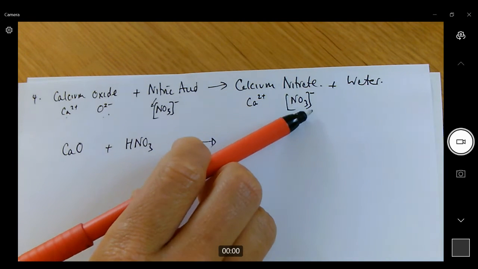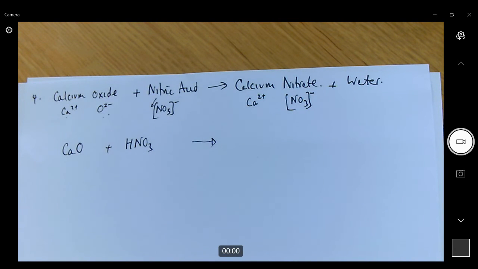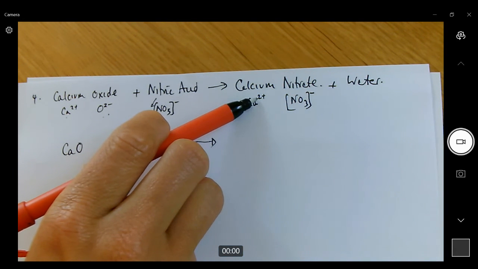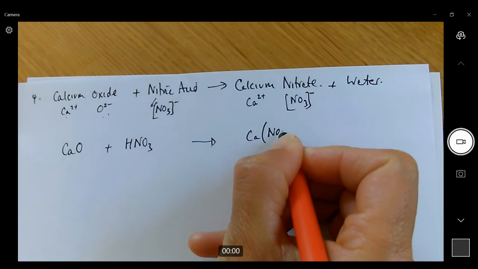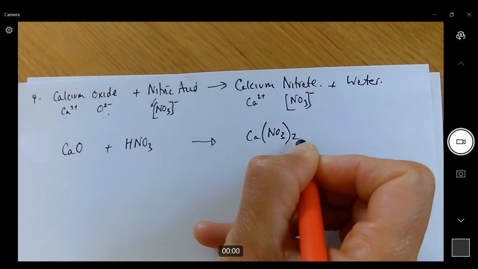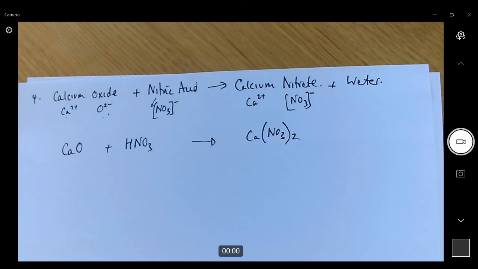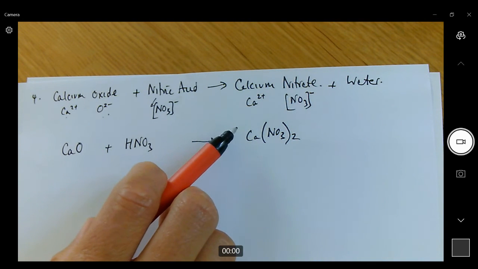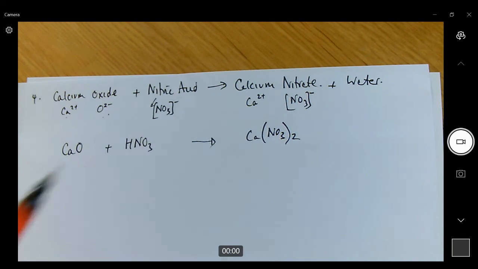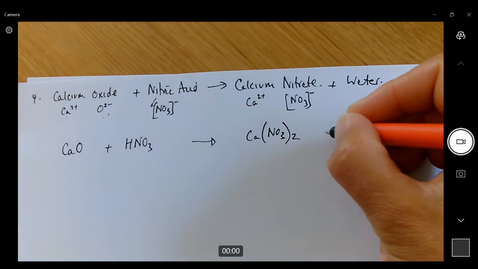So I need 2 of my nitrate ions to balance my 2+ charge here. So I'm going to have calcium, and then I'm going to put a bracket the whole way round my nitrate ion and give myself 2 of them, which means I have 2 nitrogens and 6 oxygens in this compound, because I have 2 sets of this, plus water.